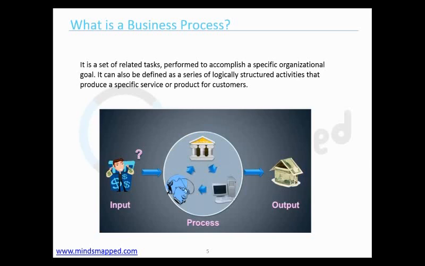The processing is the set of activities to provide the output which helps us achieve the objective the business has been aiming for. So these business processes have input, process, and output.